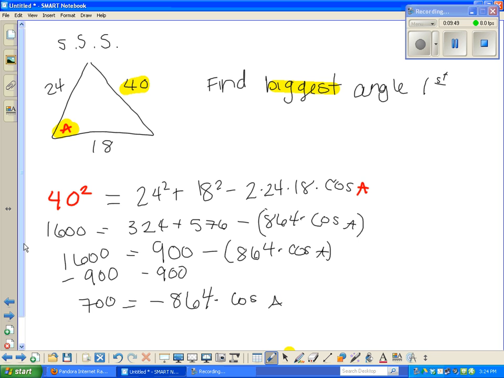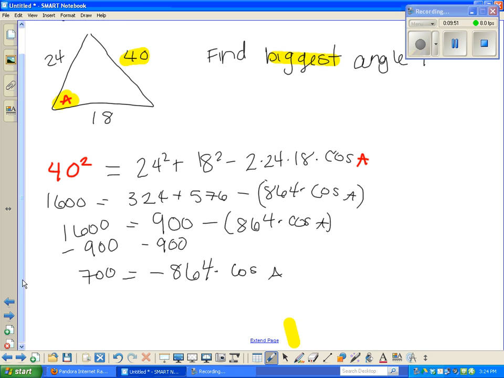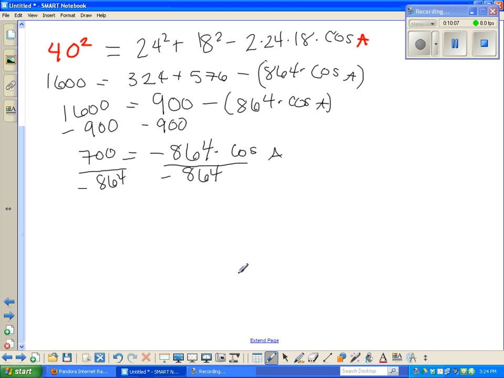So now you guys are going to divide by negative 864, because we're trying to get cosine A by itself. When I did that, I got negative 0.81 something, dot, dot, dot. I don't know what it was in my calculator, but I'm going to leave it like that because then I have cosine A here.